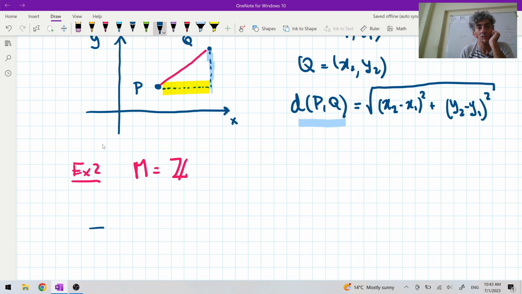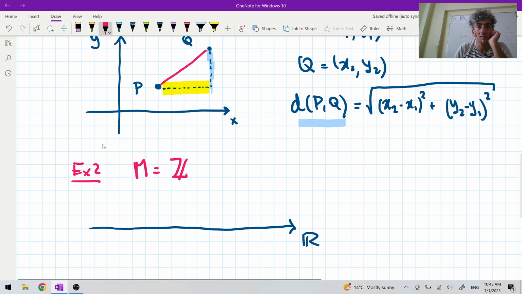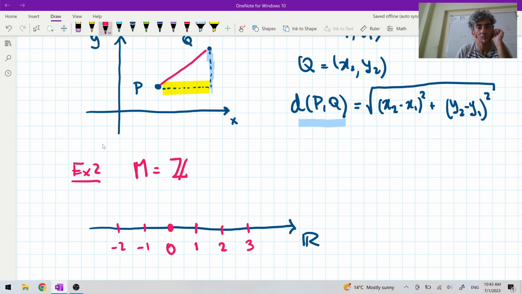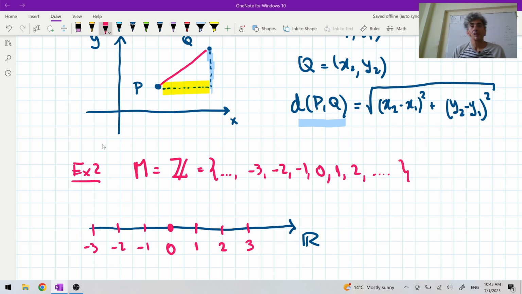So if you draw a real line here, it's going to be R, and you select the position for 0, then you have 1, 2, 3, and here we have -1, -2, -3, etc. This is the set of the integers. We're going to define a metric on M, on Z.